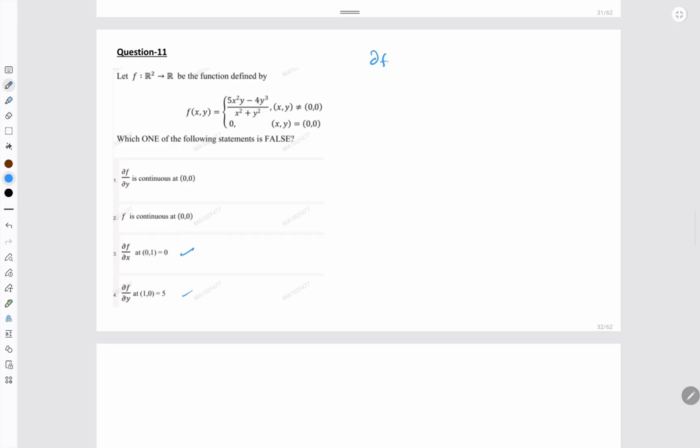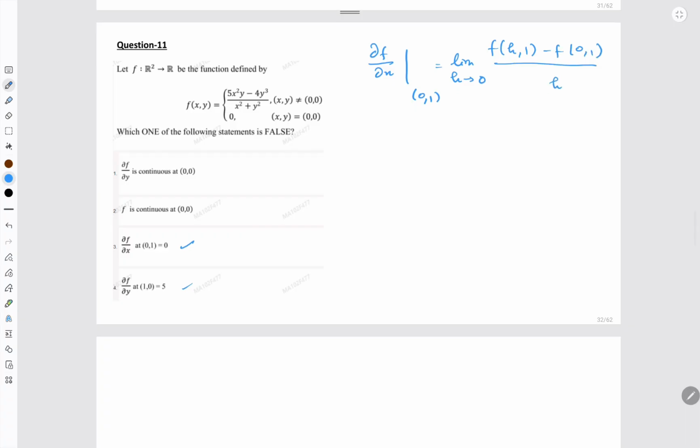So df by dx by definition at 0, 1, it is basically limit h tends to 0, f of h comma 1 minus f of 0 comma 1 by h. So f of h comma 1 is 5h square minus 4 by h square plus 1, minus f of 0 comma 1.